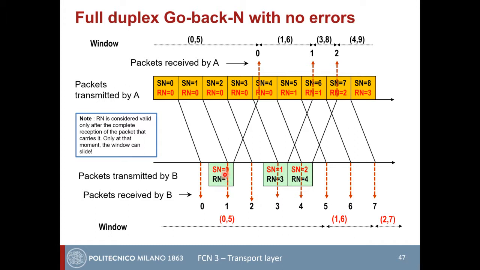Maybe this is clear. So this was sent and received. So now here A can start sending a frame with Rn equal to 1. And if you see, when this frame arrives at B, it causes the slide of the window by one position, because now the last acknowledged packet was 0, and the first non-acknowledged packet, Rn, is 1.